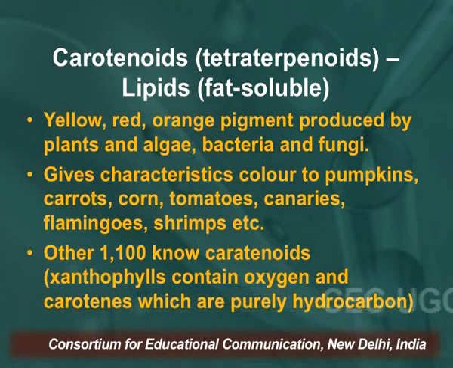Those containing oxygen are called xanthophylls, and carotenes are purely hydrocarbons. These are the specific colored pigments which give characteristic color to different types of fruits and vegetables.